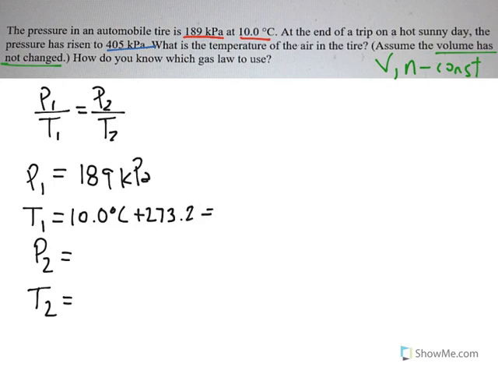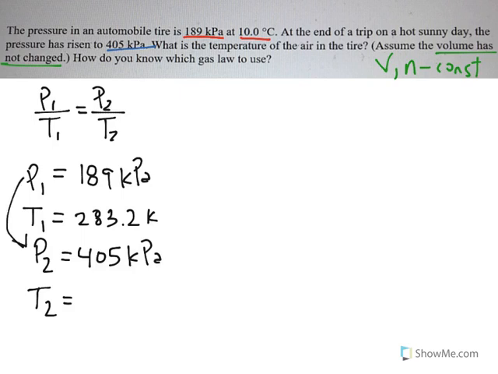So that's going to come out to 283.2 Kelvin. The new pressure is 405 kilopascals. So if the pressure is going up, we expect the temperature to go up as well. And we're solving for T2.